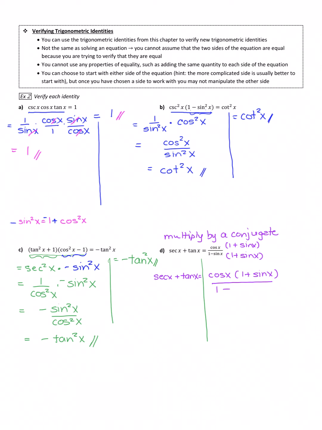So the first term squared minus the second term squared. And what happens is your numerator stays the same, but the denominator always will turn into a Pythagorean identity. 1 minus sine squared is cosine squared.